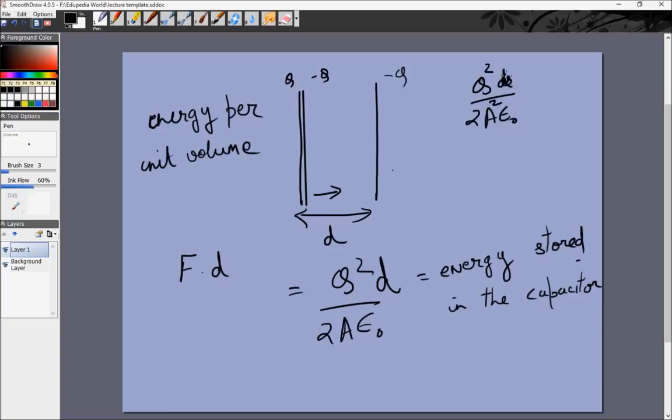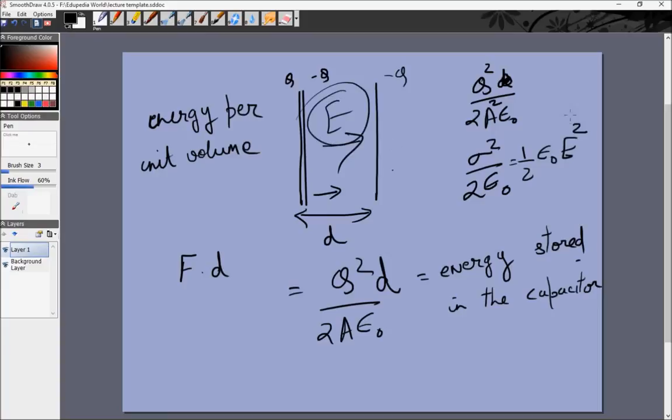So A squared and D would cancel. That would give me sigma squared by 2 epsilon naught, which would be equal to half epsilon naught E squared, because E is equal to sigma by epsilon naught, the electric field between them, right?